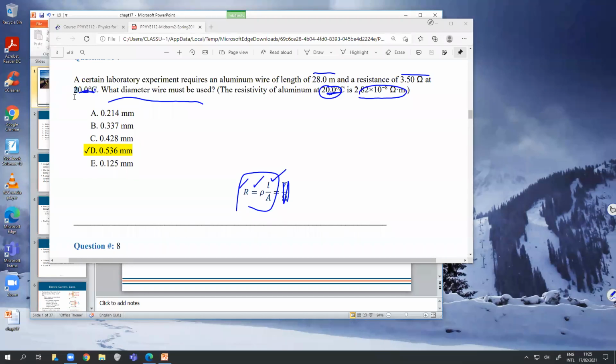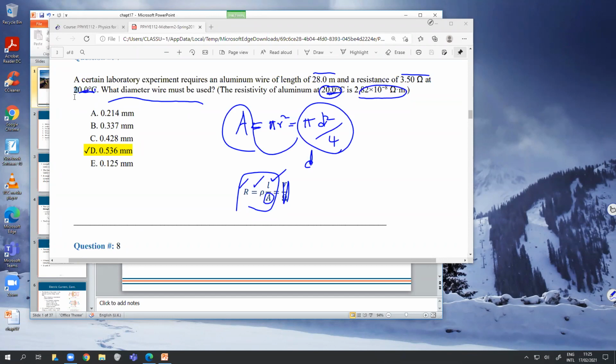There is no diameter here, but there is a cross-sectional area. But diameter is related to the cross-sectional area through this equation. So I can substitute what is given to us and find what is unknown, the diameter. Okay, so this is the answer. Please check it.